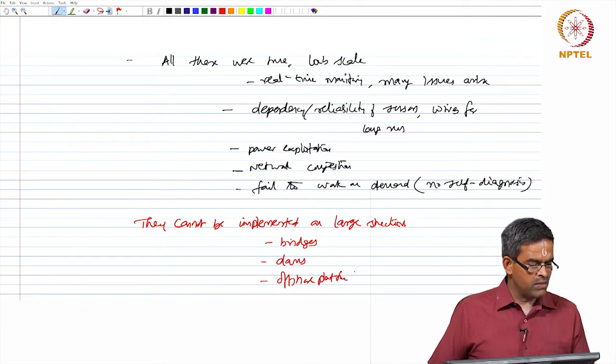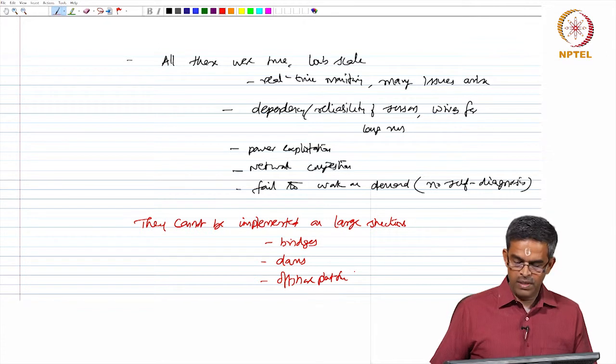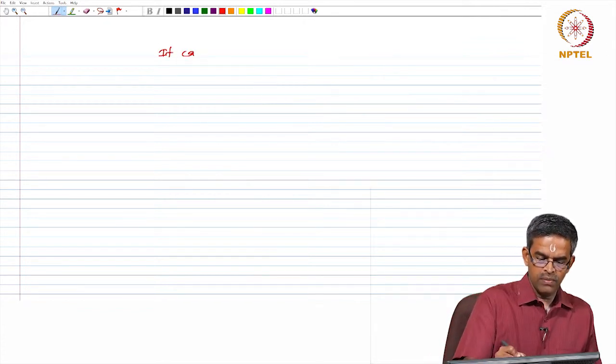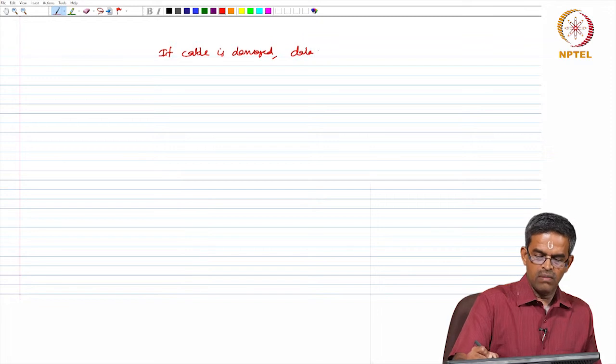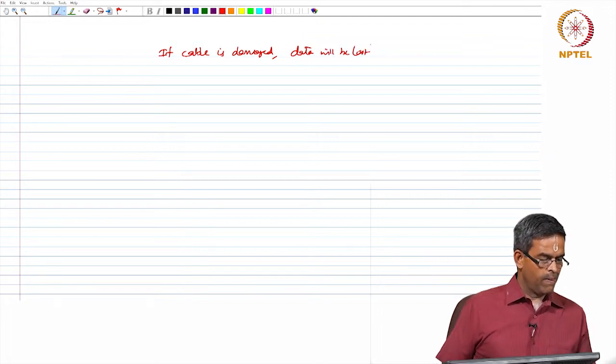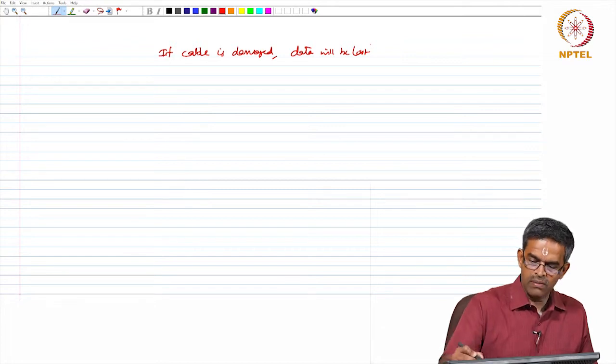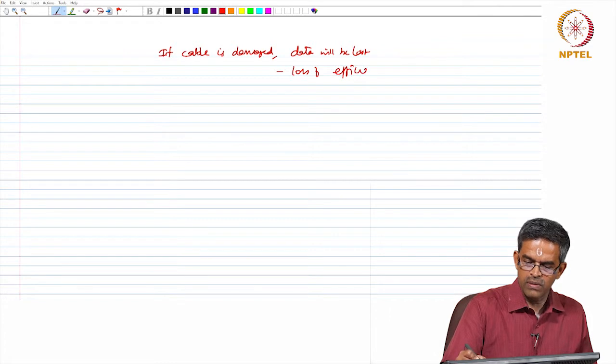because they have extensive length of cables. If the cable is damaged, data will be lost and that will lead to loss of efficiency of the whole system.